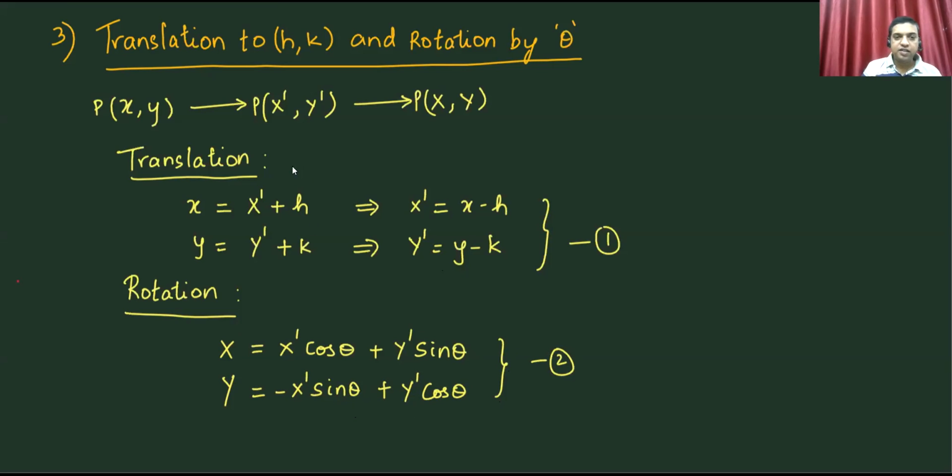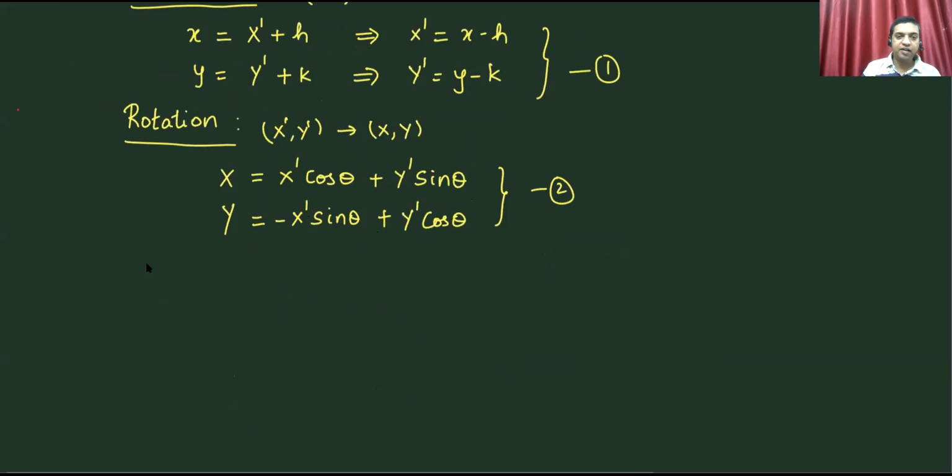So in translation, x, y becomes x dash, y dash. In rotation, x dash, y dash becomes X, Y. Now combining 1 and 2, you substitute this x dash as x minus h and y dash as y minus k in this equation.